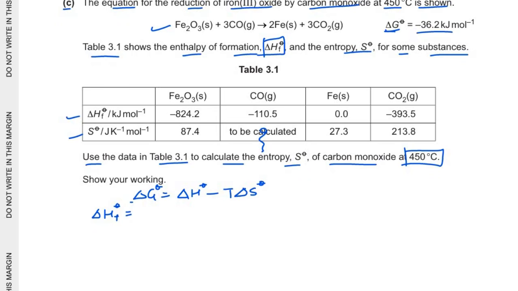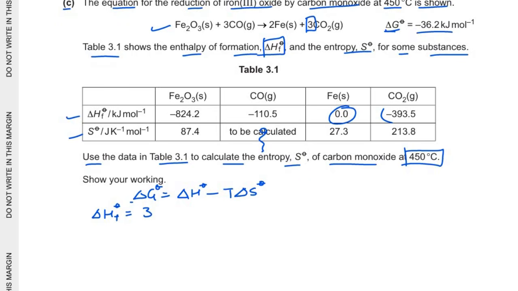And so for that we'll have to subtract the reactant values from the product values. So what are the product values here? Fe is given, which has 0 value for enthalpy of formation, and carbon dioxide is given. Now carbon dioxide are 3 molecules, so multiply that by 3.